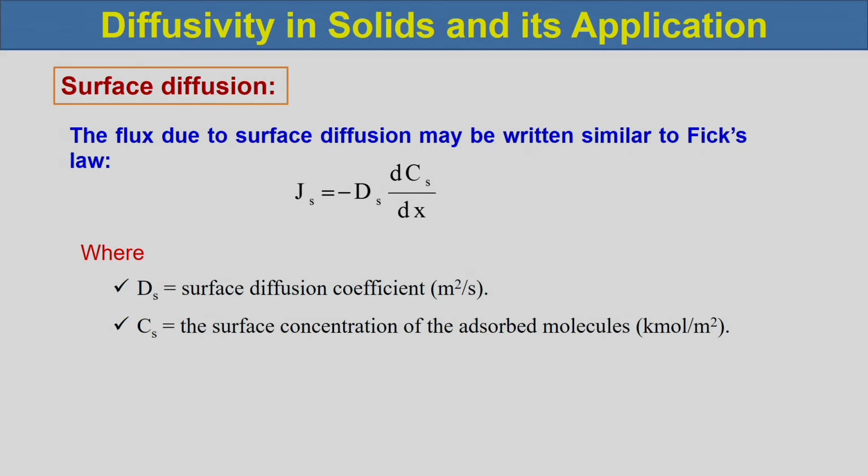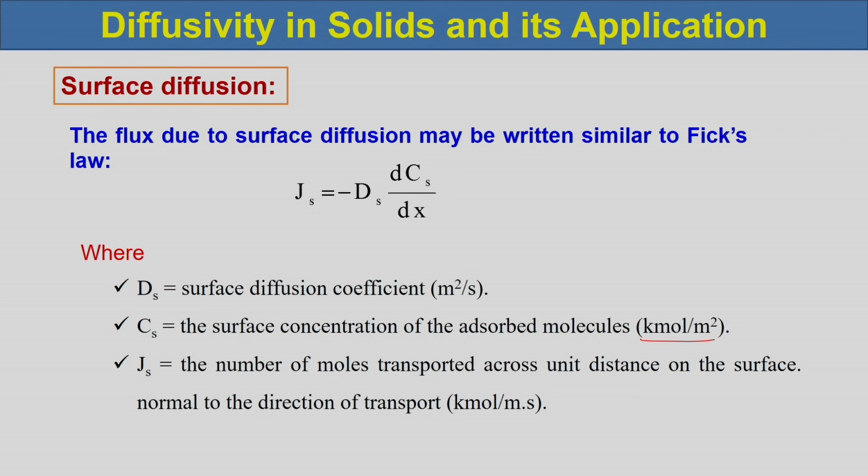C_s is the surface concentration of the adsorbed molecules, which is kilomole per meter square. So, please note that the bulk concentration we generally define by the unit of kilomole per meter cube, but surface concentration is defined by kilomole per meter square, that is per unit surface area.